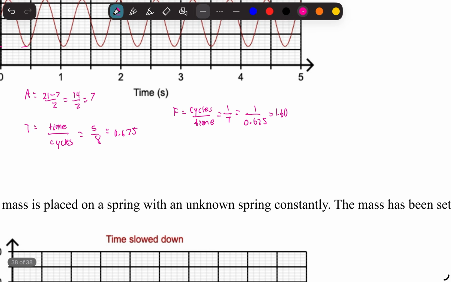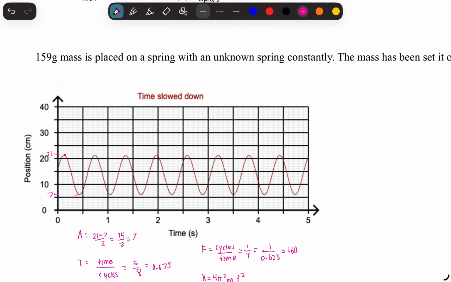Now let's find the spring constant. Your formula is k equals 4 pi squared m f squared. Here our mass is 159 grams, but you want that in kilograms, so it's 0.159 kilograms.